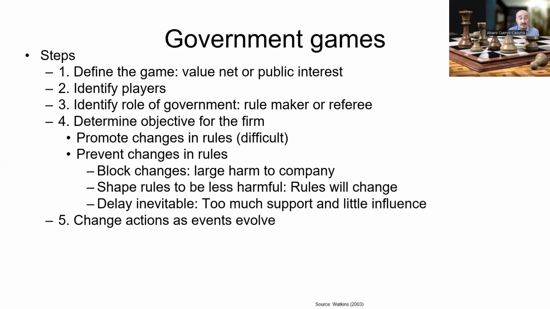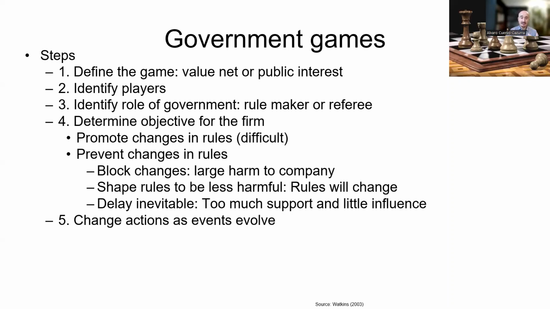If you want implementation of rules, they tend to be simpler. So it is, look, these are the rules. Why don't we just do this? But hey, maybe I want to do alternative things, and maybe I want to modify them, not change it, but modify them slightly so they are not enforced as harshly. Or I want basically to postpone them so that it's not this year, but in a couple of years, so that I have some time to basically benefit from the current situation.